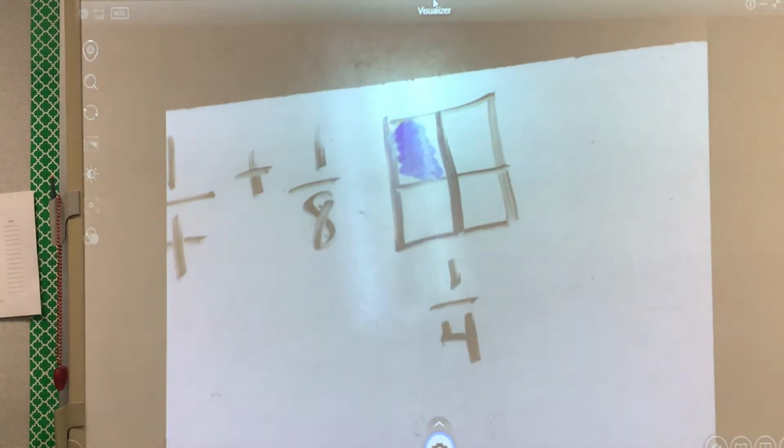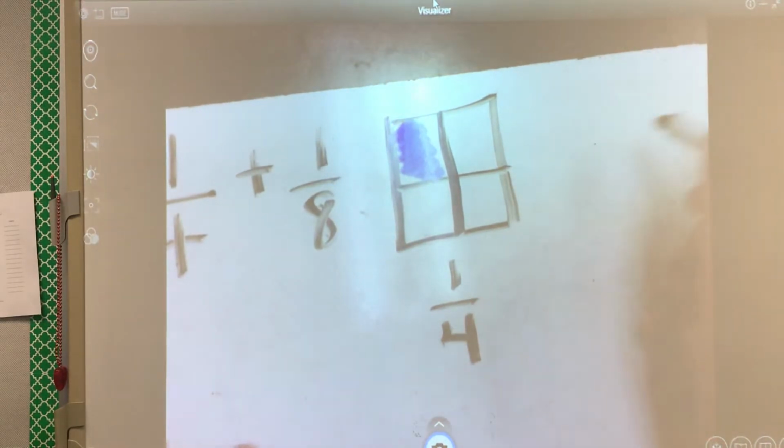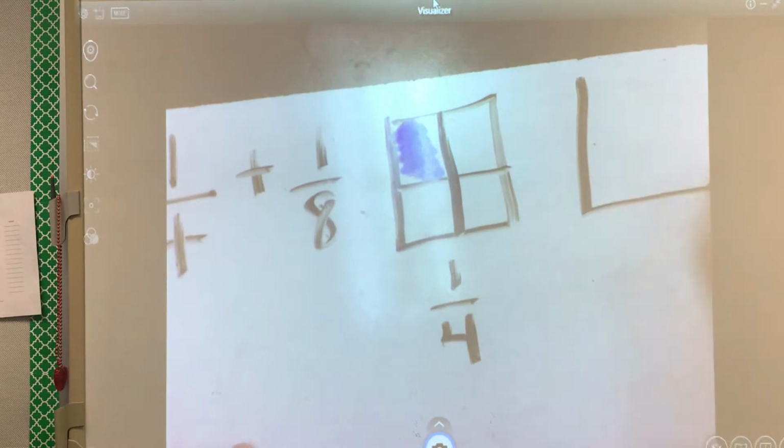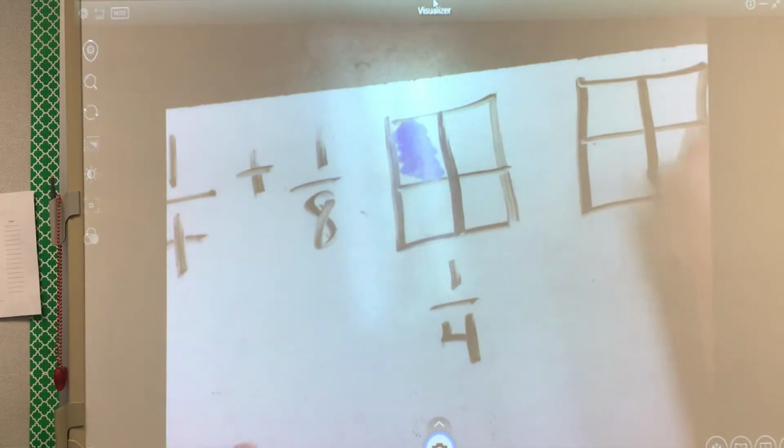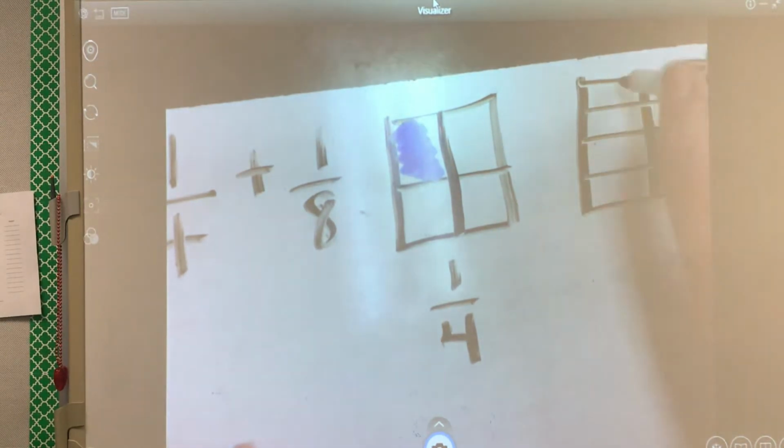There's my 1/4, plus 1/8. This time I'm going to have to divide each of those in half so that I come up with eighths. 1, 2, 3, 4, 5, 6, 7, 8.